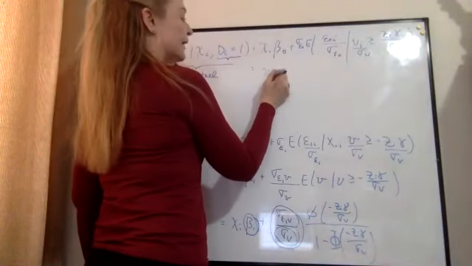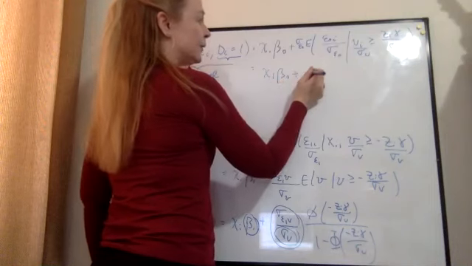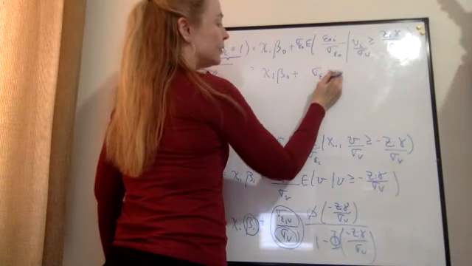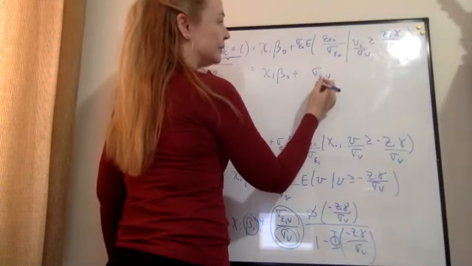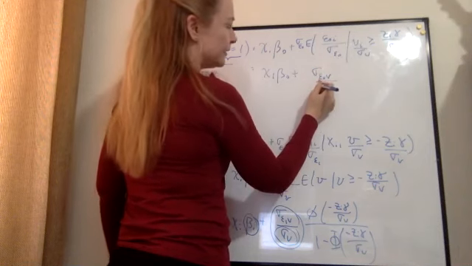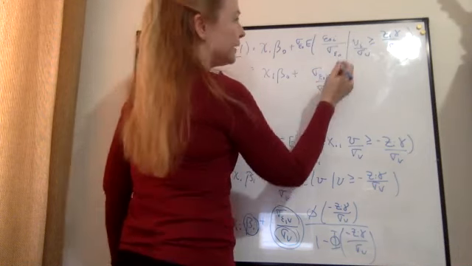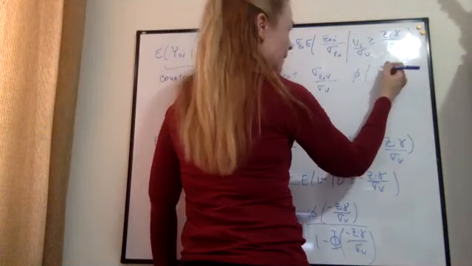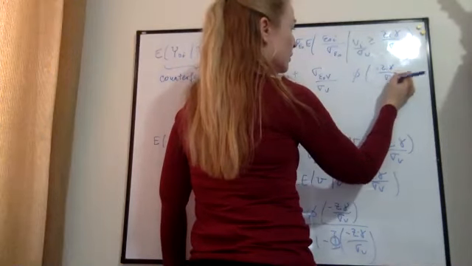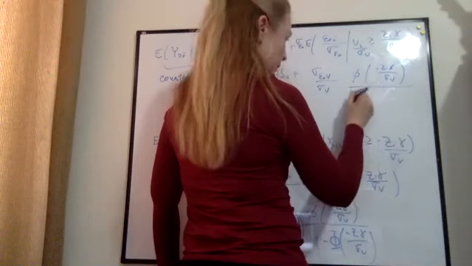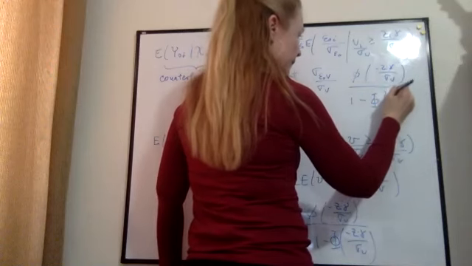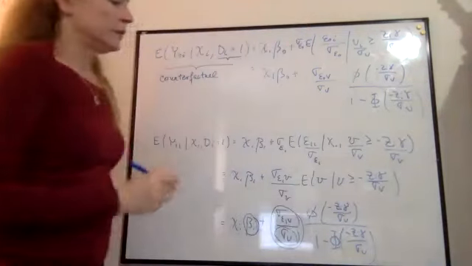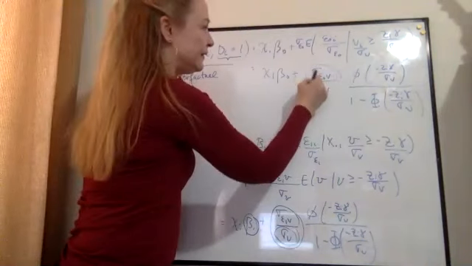Sorry, so this would be like Xi beta naught plus sigma epsilon 0 V divided by sigma V. And this is, again, the same truncation. So the Mills ratio is going to be the same. So this is the same as this, but this is different, okay?